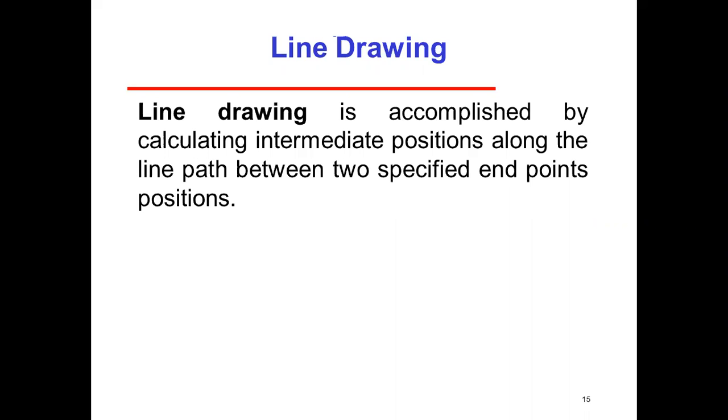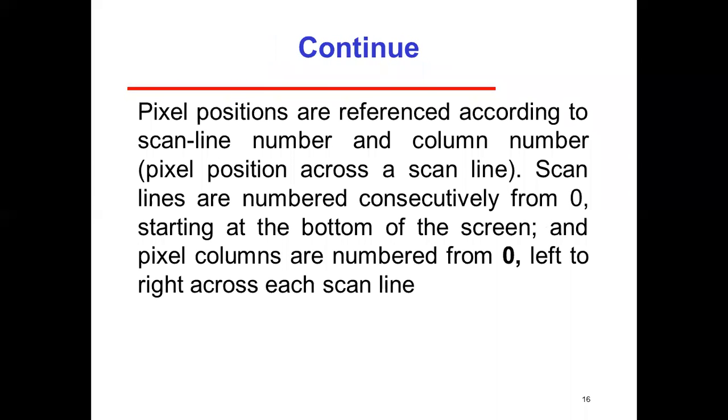Even though there are several algorithms to draw the line, we can draw the line with the help of any of them. So how can we draw the line? With the help of the pixel and also the pixel positions. Just consider the bottom of the screen, where pixel columns are numbered from 0, from left to right.